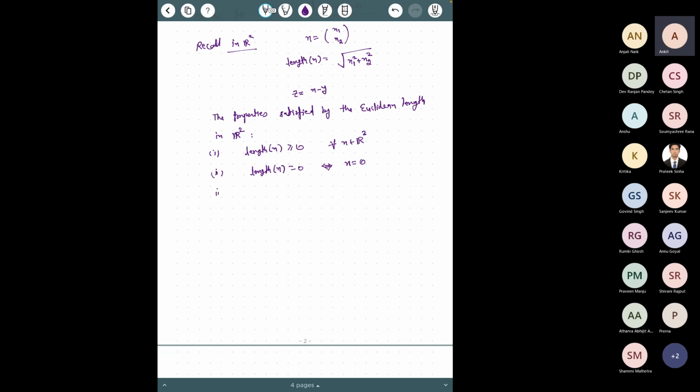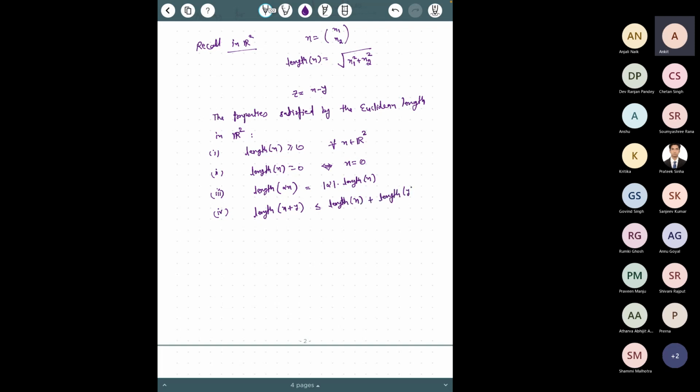Not only that, this length also satisfies homogeneity. That means if I multiply a vector by a scalar alpha, then the length of alpha times x is nothing but the absolute value of alpha times the length of x, right? Similarly, if we have two vectors x and y, then the length of x plus y is always less than or equal to the length of x plus the length of y.